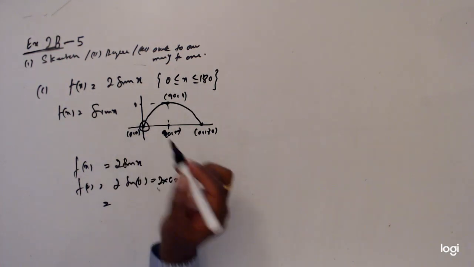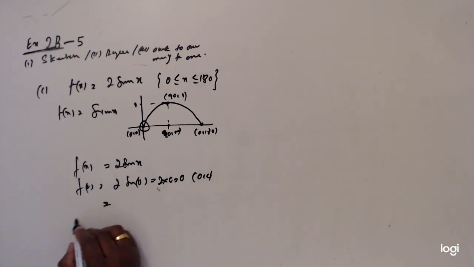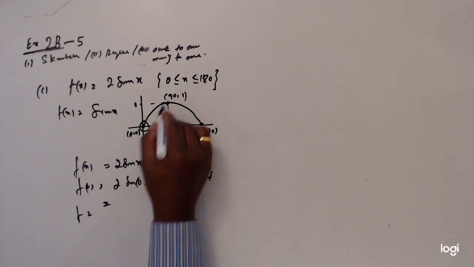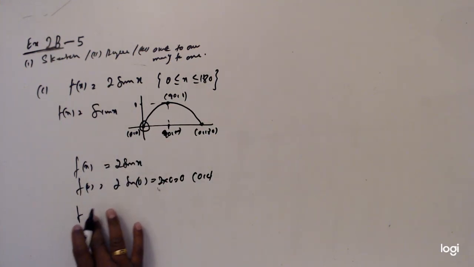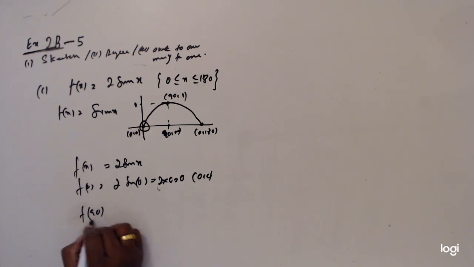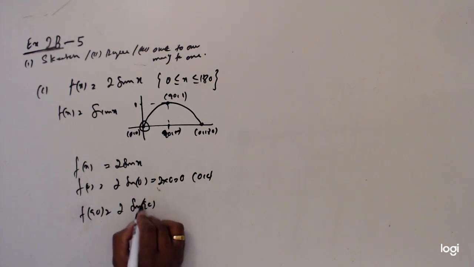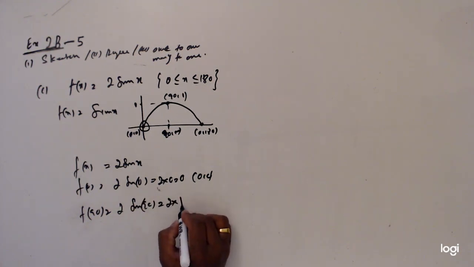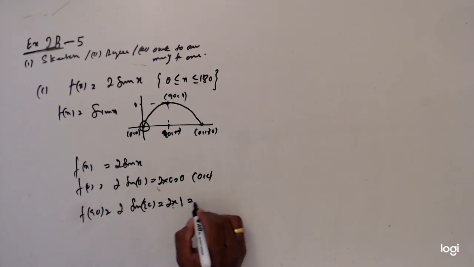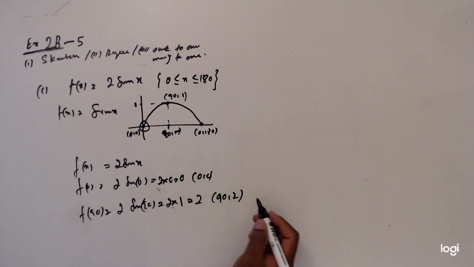Still this point is as it is. Now, when x equals 90, what will happen? 2 times sin 90. Sin 90 is 1. So 2 times 1 is 2. So this is going to be (90, 2).